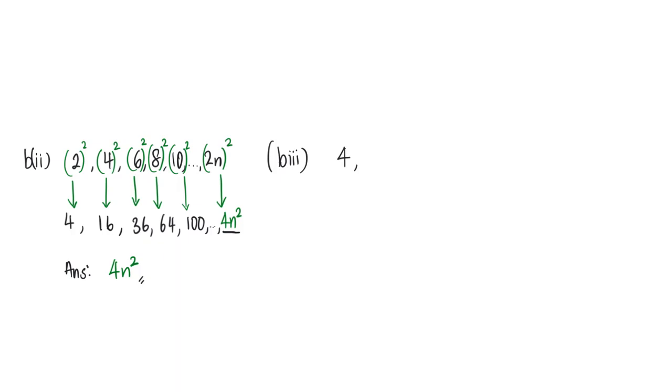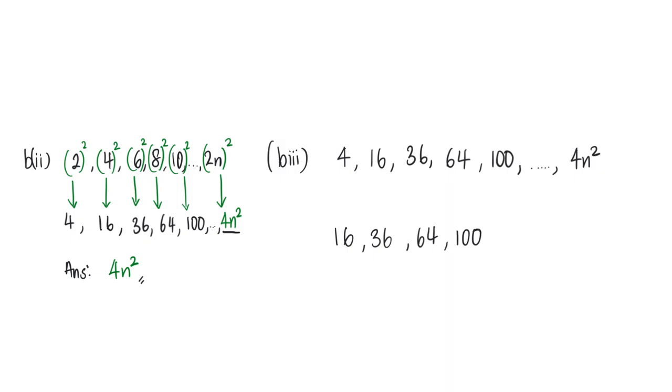This is the number sequence for B part 2, and I get 4n squared. And the number sequence starts from 16, 36, 64, 100, 144.